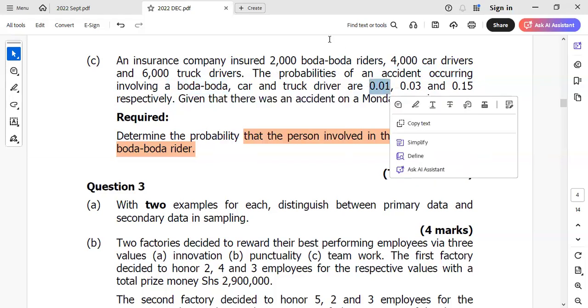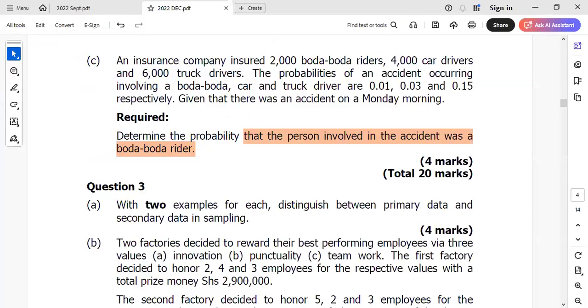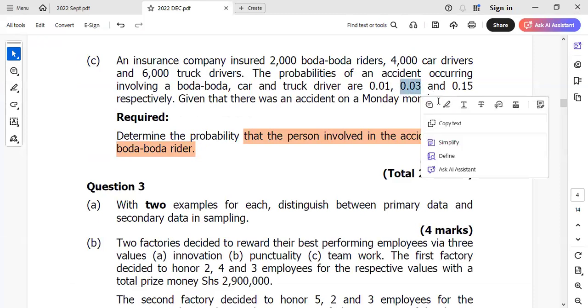So that is what we are putting, 0.01. Then also the probability that an insured person gets an accident, given that it is a car driver. What is that probability? Aren't you saying that it is 0.03?